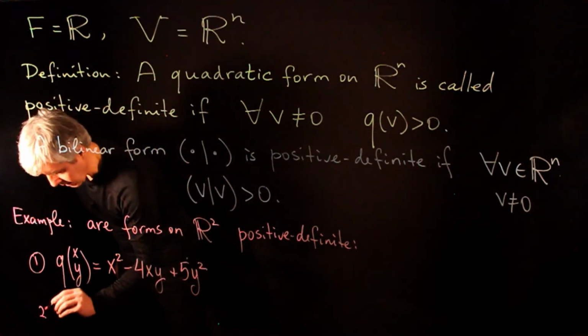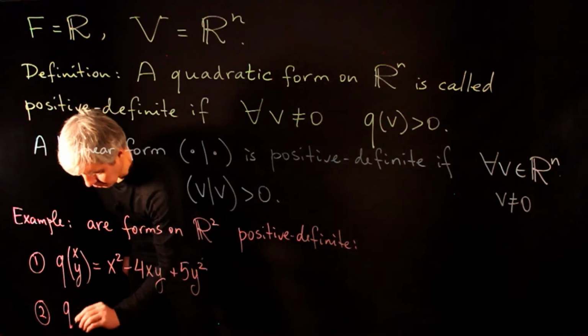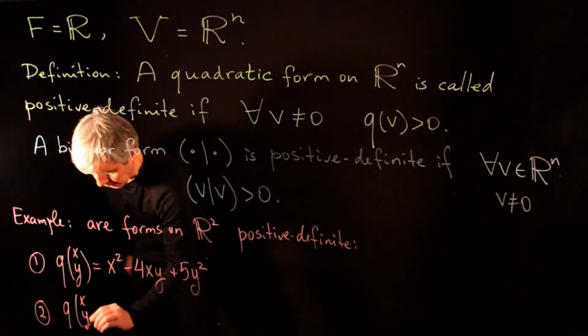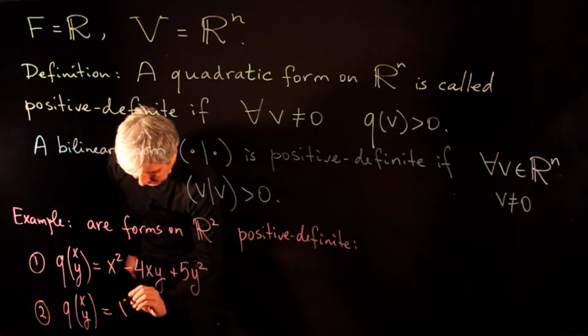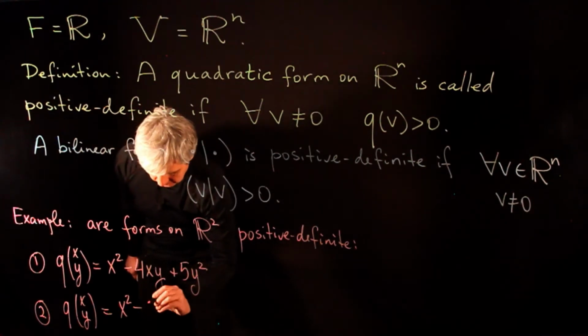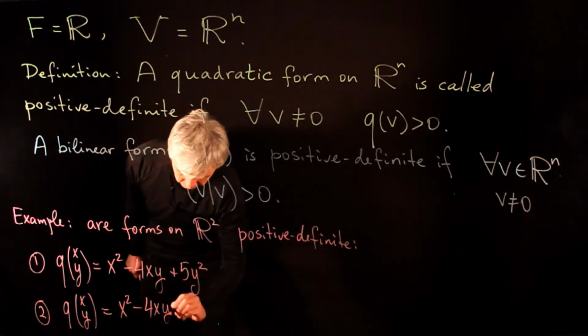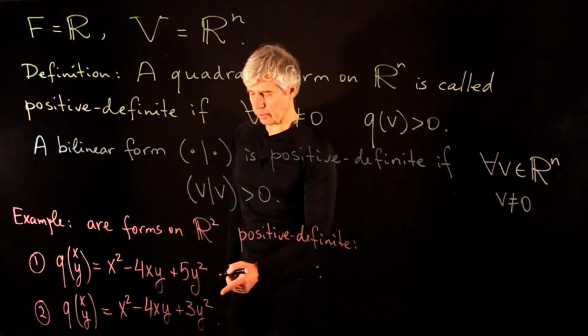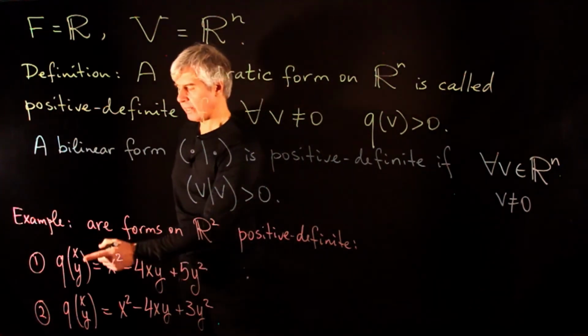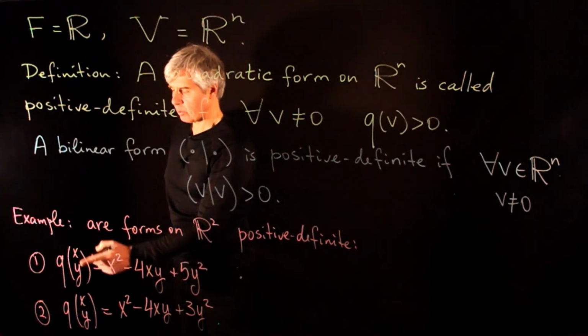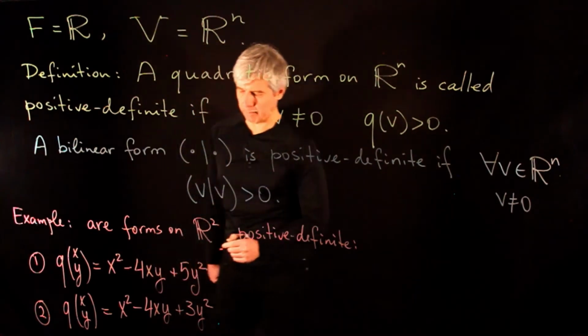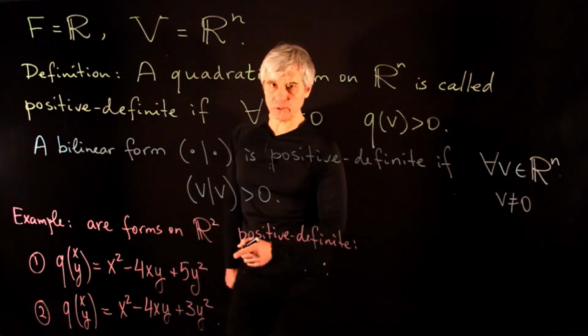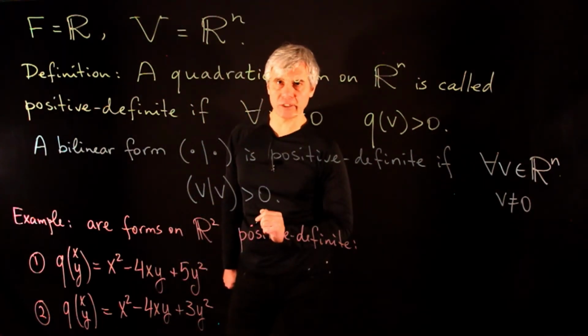And in the second case, let's take q of (x,y) to be x squared minus 4xy plus 3y squared. Is it true that we generate positive values when we plug in arbitrary non-zero values for x and y? I suggest that you pause the video here and try to answer these questions.